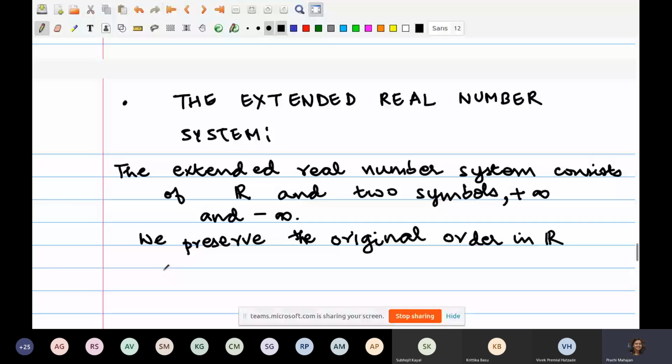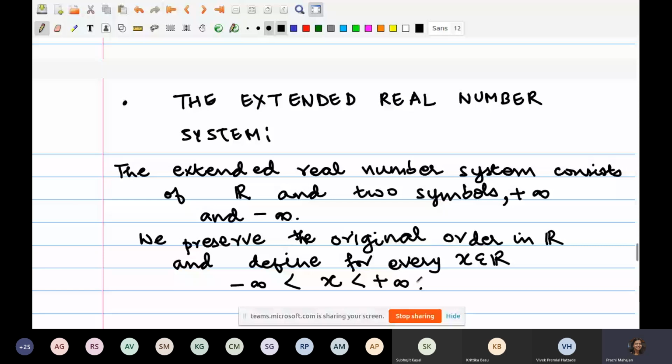We define that for every real number x, x is bigger than this symbol and less than this. In nomenclature, these are called the negative infinity and the positive infinity, respectively. This is the definition, nothing more to it.